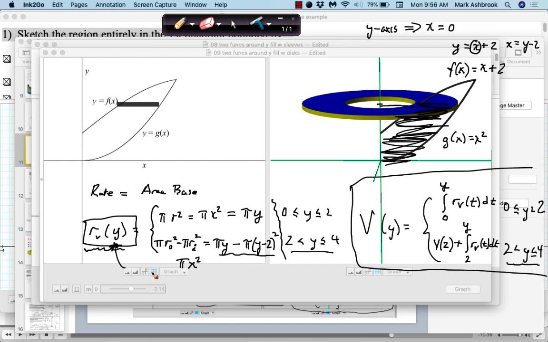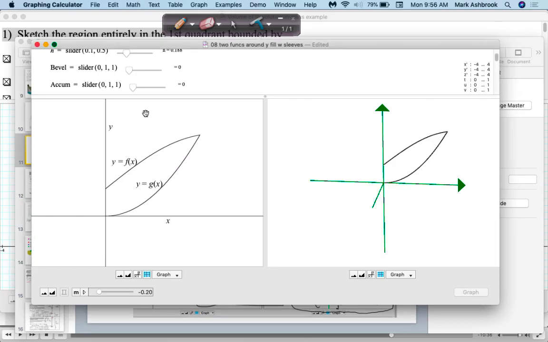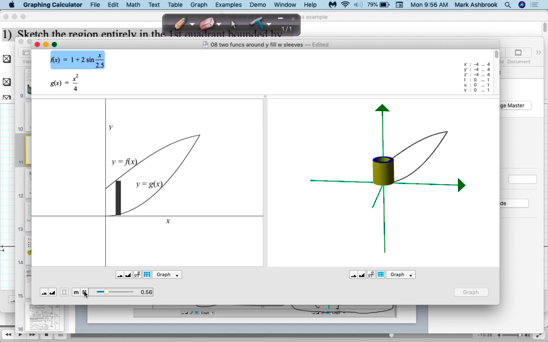Okay, new example. Well, just briefly, I want to look at this. What's different about this? So what's the axis of rotation now? What's the axis of rotation of the region to form the shell?